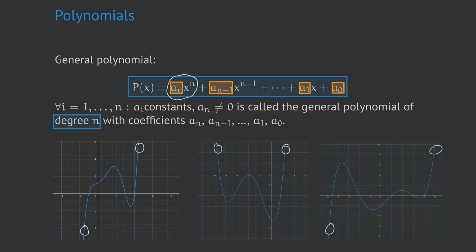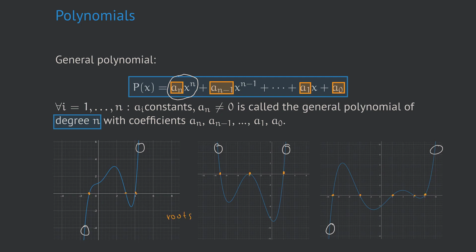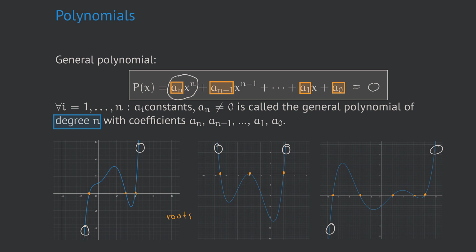In fact, a polynomial is very much defined if we know or if we prescribe the roots of the polynomial. That means the intersections with the x-axis. Which is why it is a very prominent problem or question to find all roots of a given polynomial of degree n. Finding these roots is equivalent to solving this so-called polynomial equation.